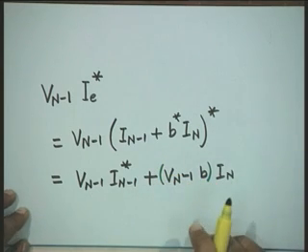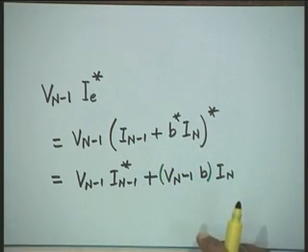What does this expression represent? It represents the sum of the complex power injected in the original network at n minus 1th bus and at nth bus.